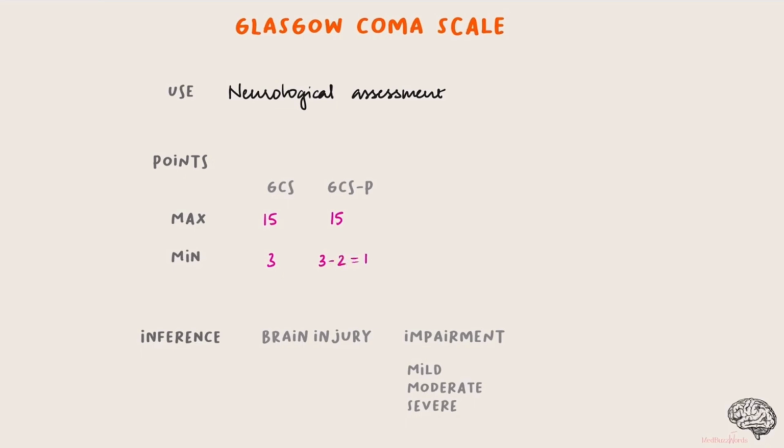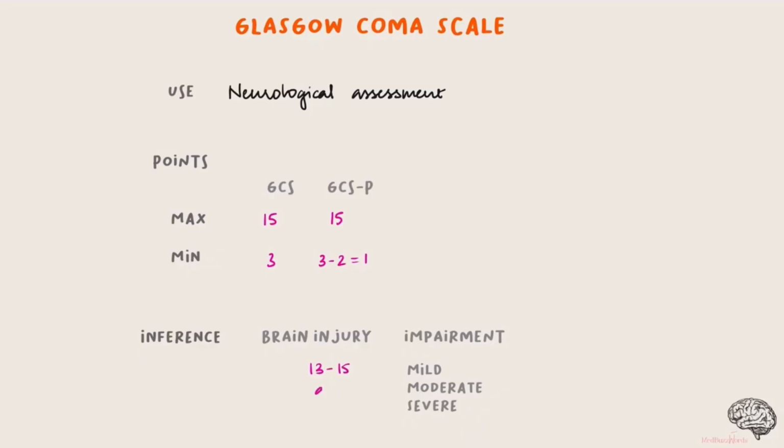One of the major uses or inferences of the GCS is about brain injury, a little bit more inclined towards traumatic brain injury. A GCS of 13 to 15 is considered mild brain injury.